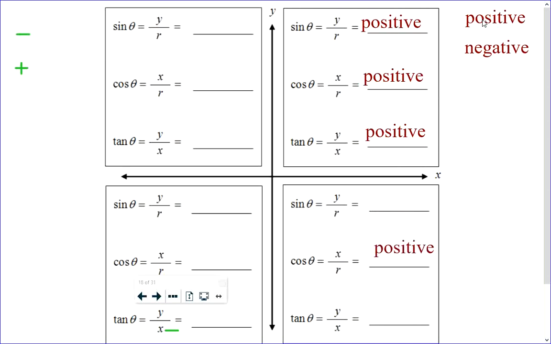On the other hand, these two quadrants that I'm pointing at, 2 and 3, are where x is negative, which means that cosine is negative in these two quadrants. Where is sine positive? Well, sine is related to y, so sine is positive up top where y is positive.